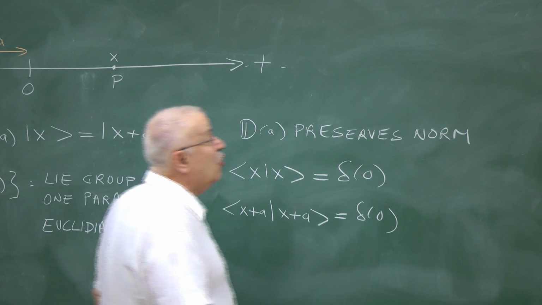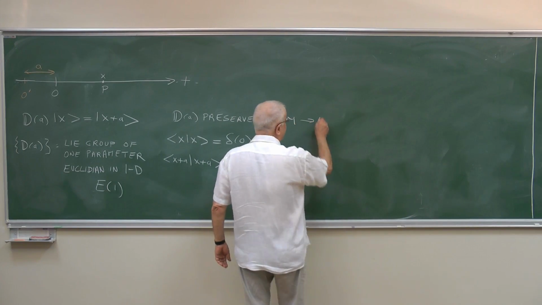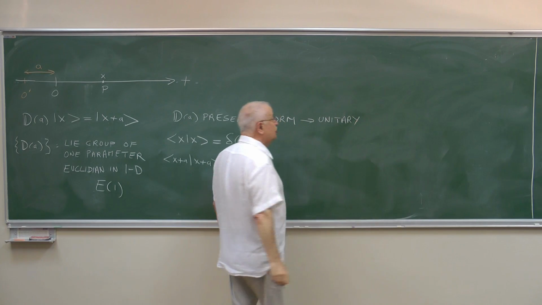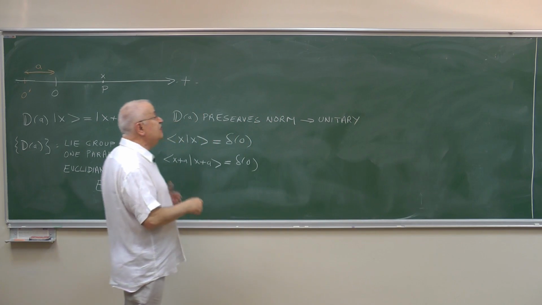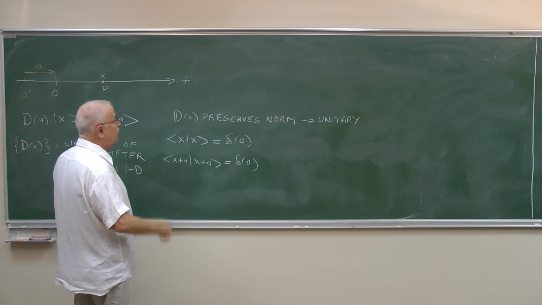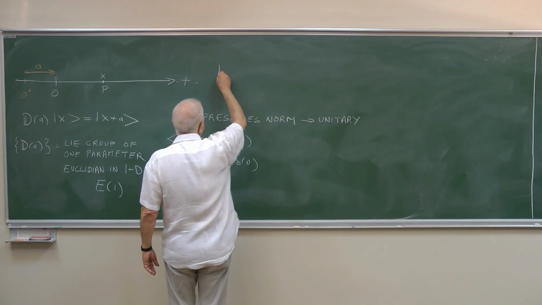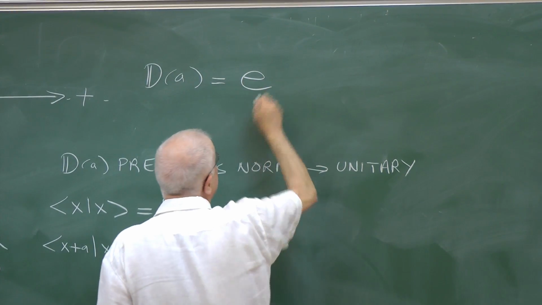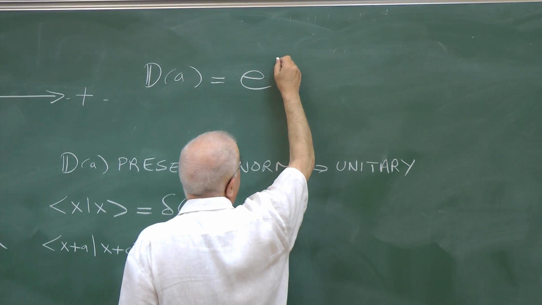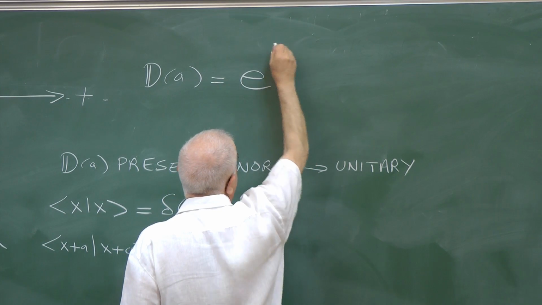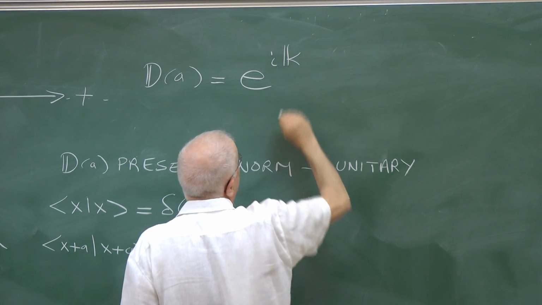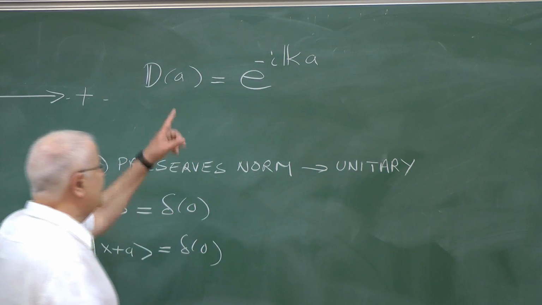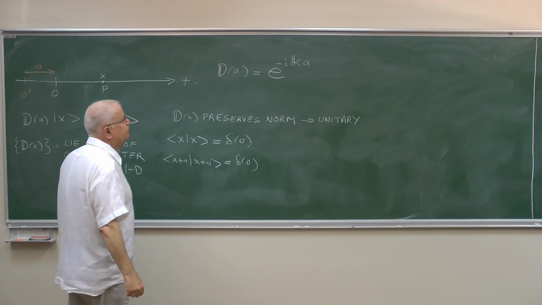Things that preserve norm we call unitary. And unitary operators can be written in exponential form very conveniently as d of A equals e to the minus i, an operator K, times A. For historical reasons, we have a minus here.